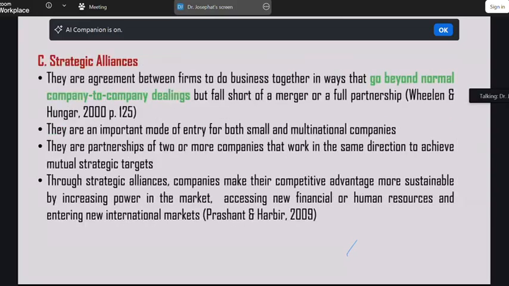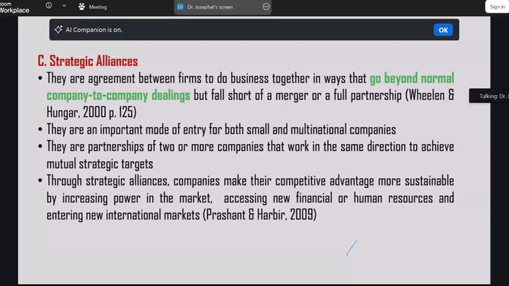The third one, tuliongelea ni strategic alliance. These are agreements between firms to do business together, in which they go beyond normal company-to-company dealings, but fall short of major or full partnerships. It's not about full partnerships, it's not about acquisitions.